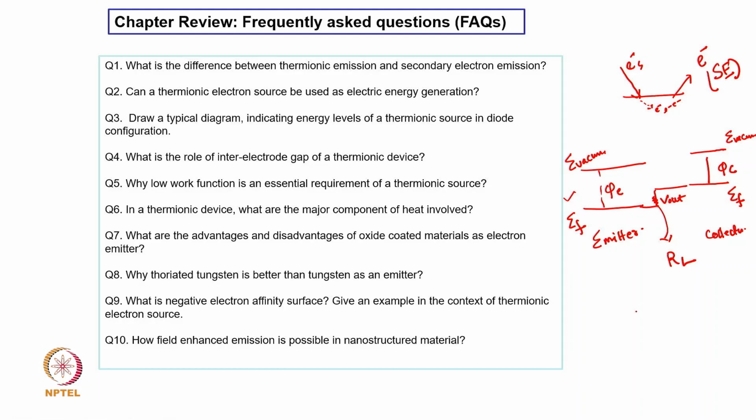When we talk about the electron affinity, it is basically the difference between the conduction band and the vacuum level.